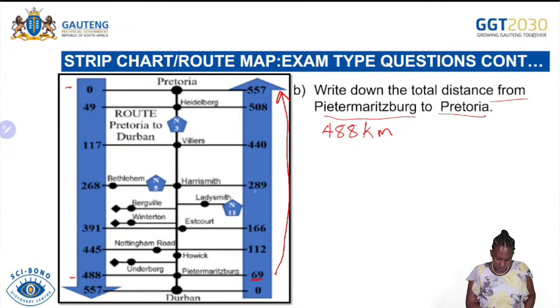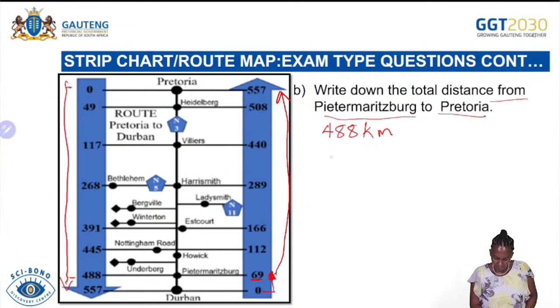Then if we want to use this one, we say okay, fine. If I cover from here up to here, from Pretoria to Durban, it is 557 kilometers. And then from Durban to Pietermaritzburg it's 69.